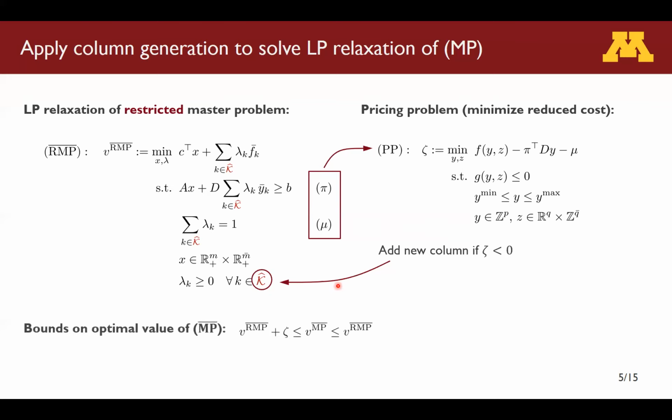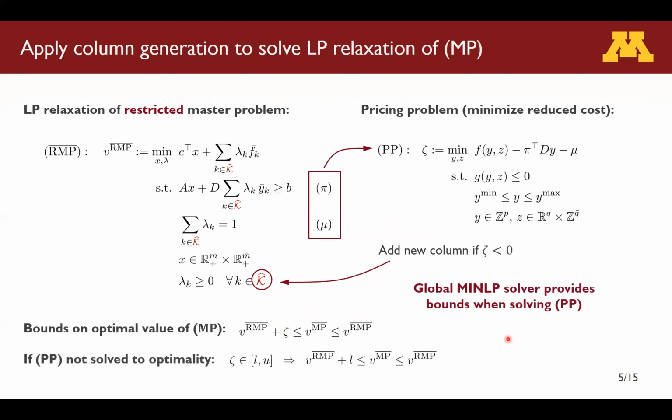Now, at each iteration, we can obtain bounds on the optimal value of MP bar. And so, of course, this RMP bar is a restriction of MP bar. So every solution of this will be an upper bound for MP bar. And then that solution plus zeta, the reduced cost, will give us a lower bound.